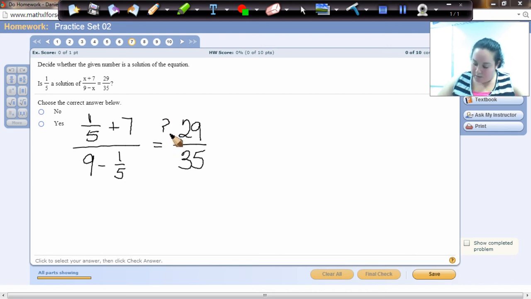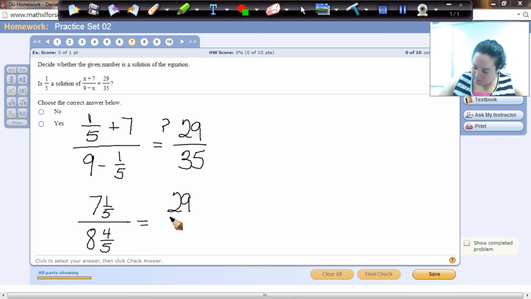If it's equal, then 1/5 is a solution. Okay, so let's work this out. If we say 7 plus 1/5 is 7 1/5, 9 minus 1/5 is 8 4/5, equals 29 over 35. So now we need to figure out, are these two things equal?